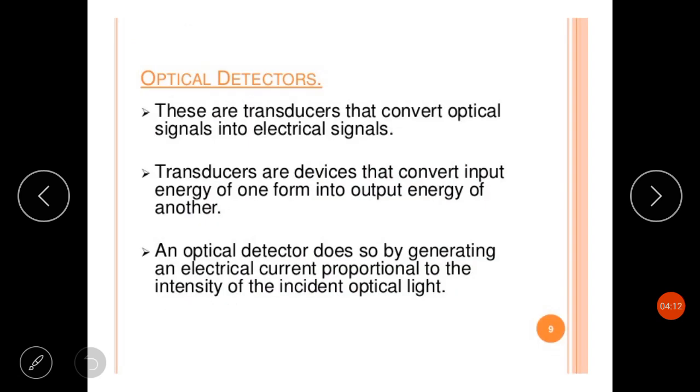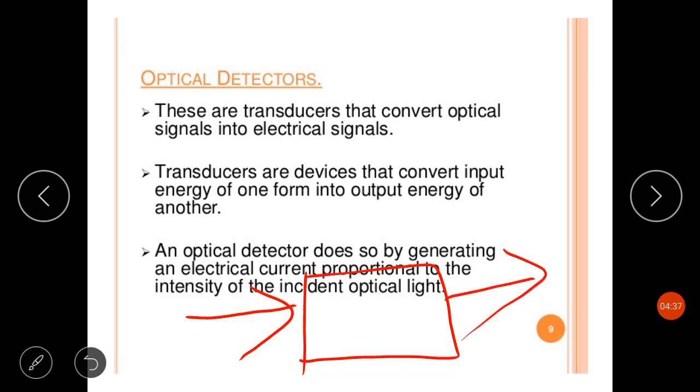Now moving on to the next term that we need to know: optical detectors. So what are optical detectors? You can say optical detectors, or optical transducers. Basically this is a light sensor, a transducer. An optical detector is a transducer which converts the incoming light energy into electrical energy.